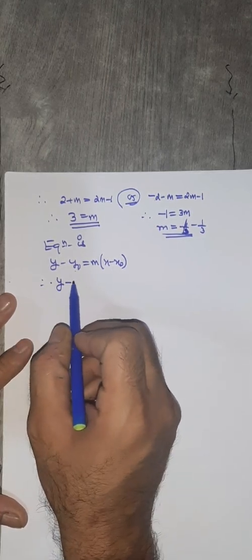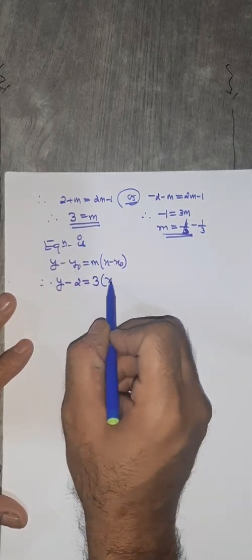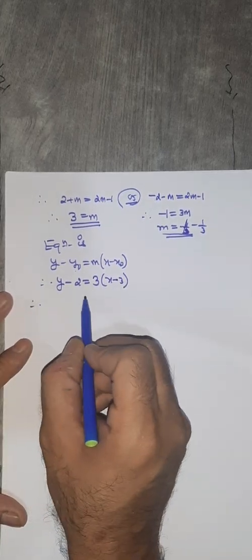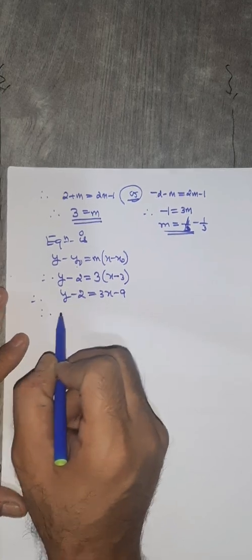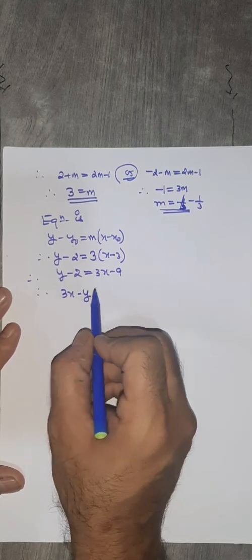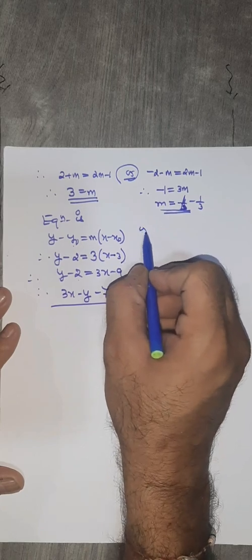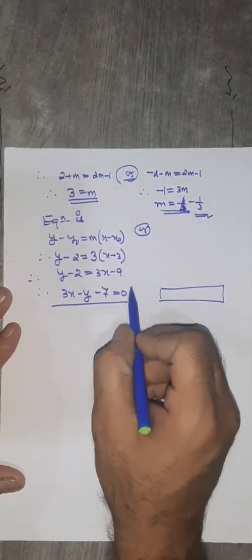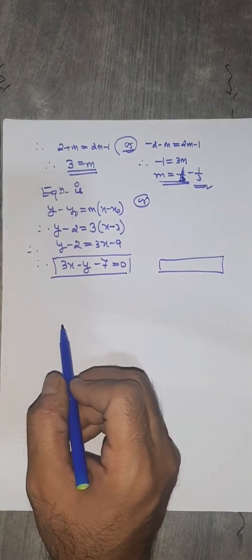With slope 3, x0 is 3, so y minus 2 equals 3 times (x minus 3). Simplifying, 3x minus y minus 7 equals 0. In the same way, use the other slope to get one more equation. Okay, let's go to the next question.